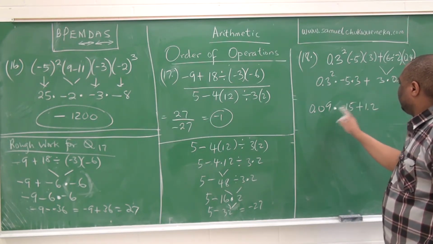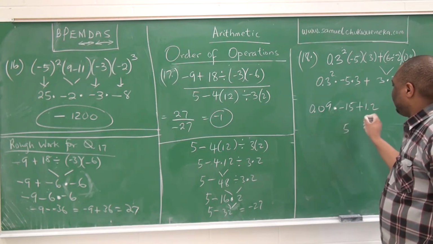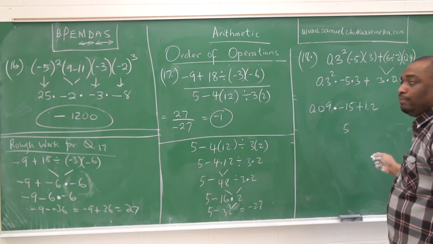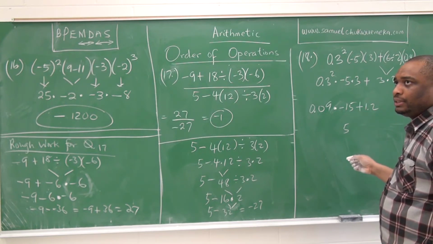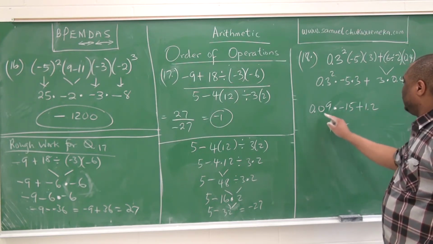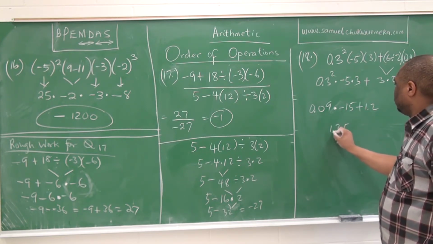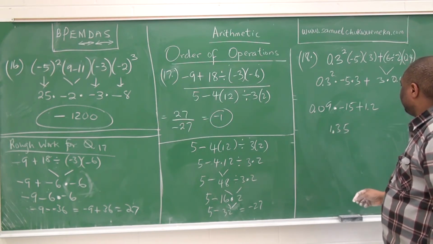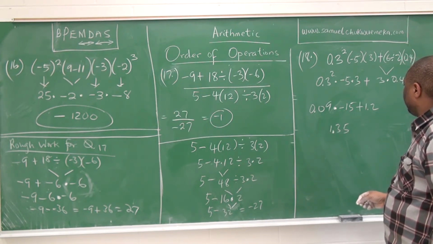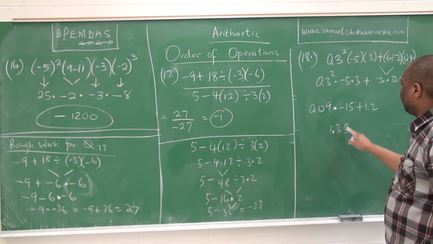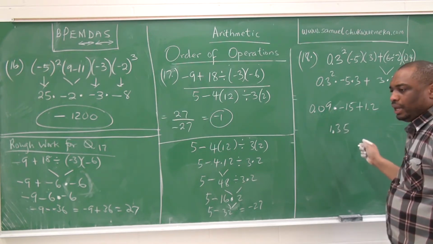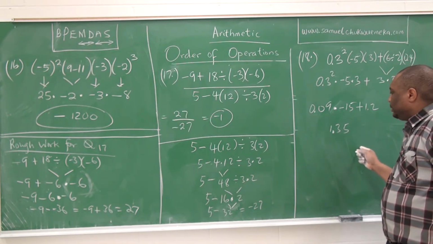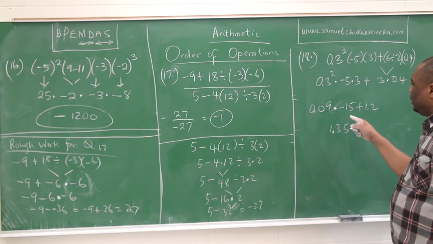So 9 times 5 is 45, 5 carry 4. 9 times 1 is 9 plus 4 is 13. So that is 1.35.